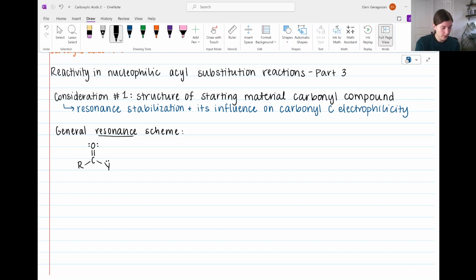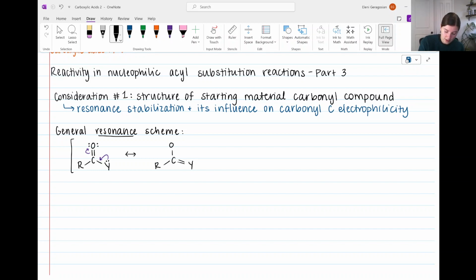So another important resonance structure for these acyl groups that we're talking about here, where all atoms are closed shell, is when the Y electrons donate electrons towards the carbonyl carbon, and then that pi bond between carbon and oxygen breaks. So that would result in another valid resonance structure where we now have a pi bond between carbon and the Y group.